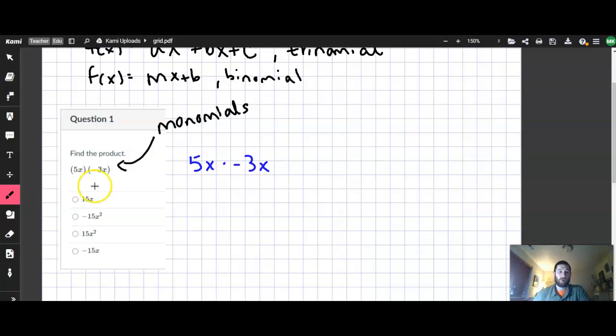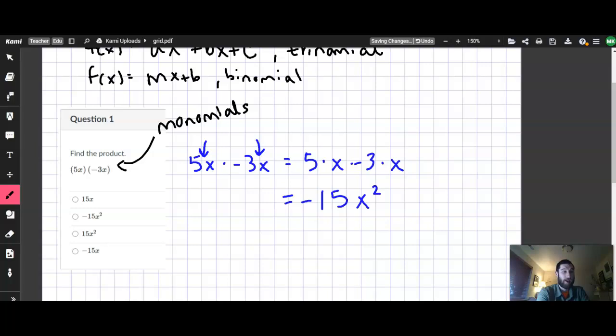And just as a reminder, everywhere you do not see a symbol also represents multiplication. So we could expand this and say that we have 5 times x times negative 3 times x. Multiplying those together, 5 times negative 3 is negative 15, and x times x is x squared. That is why negative 15x squared is the answer we're looking for here.